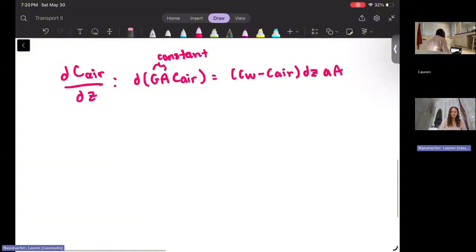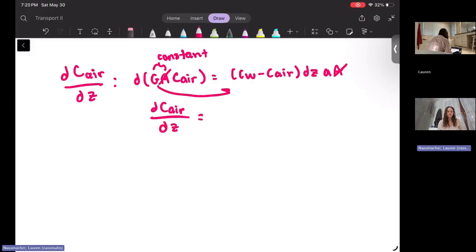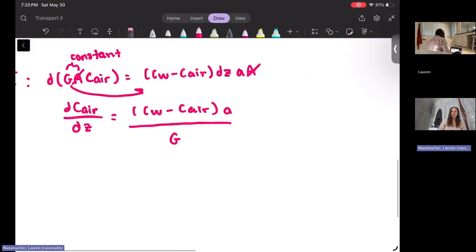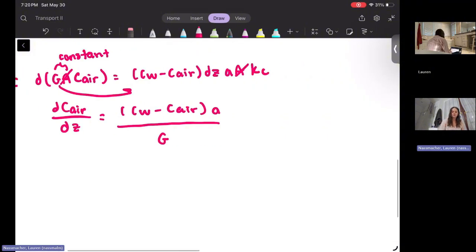So again, taking the constants out and finding our change in air with respect to dz, dividing the rest of it over, we cancel out these two areas, and we get CW minus C air divided by, times A divided by G, about the mass transfer constant, or sorry, the mass transfer coefficient.